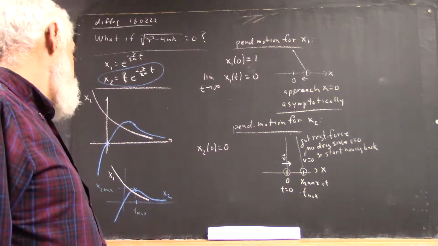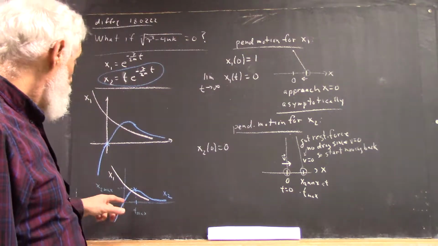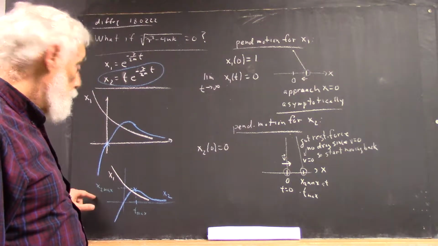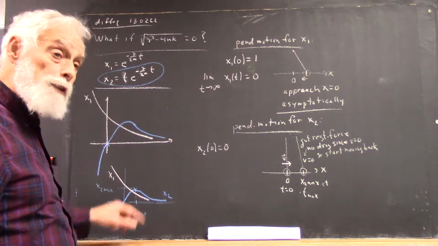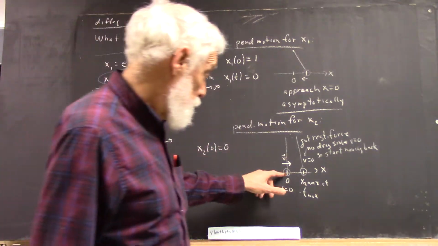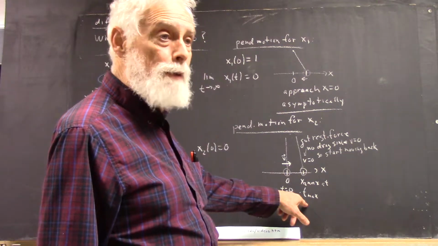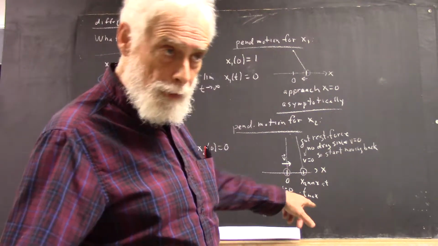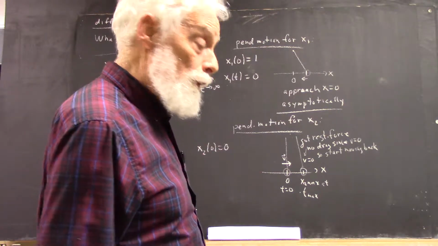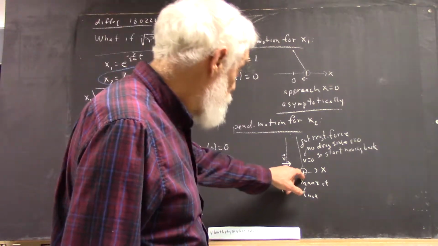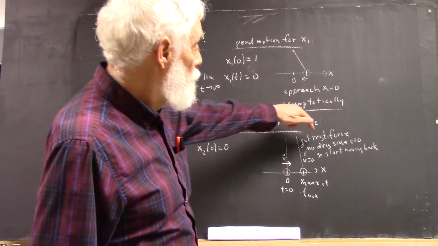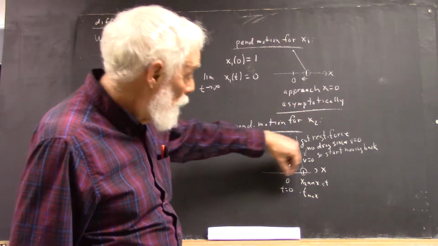Now, what's going to happen? Your position increases up to x2 max, and then it starts decreasing again. So we're going to go out to this point, and that's going to occur at the t max that you get by doing your first derivative test and so forth. Then, since you're out here, you've got a restoring force because you're away from equilibrium.